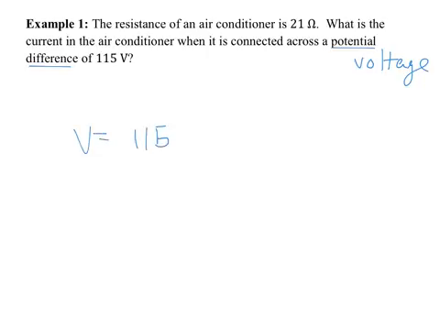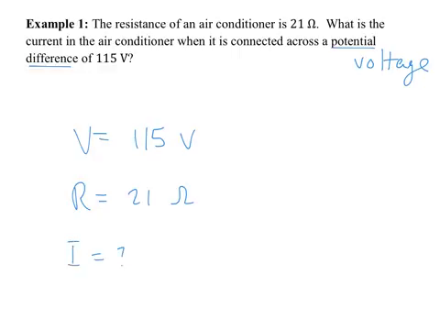This is one of the few items whose variable and unit are identical. The variable for voltage is V, and the unit is also V. Resistance is 21 ohms. The question is, find the current.